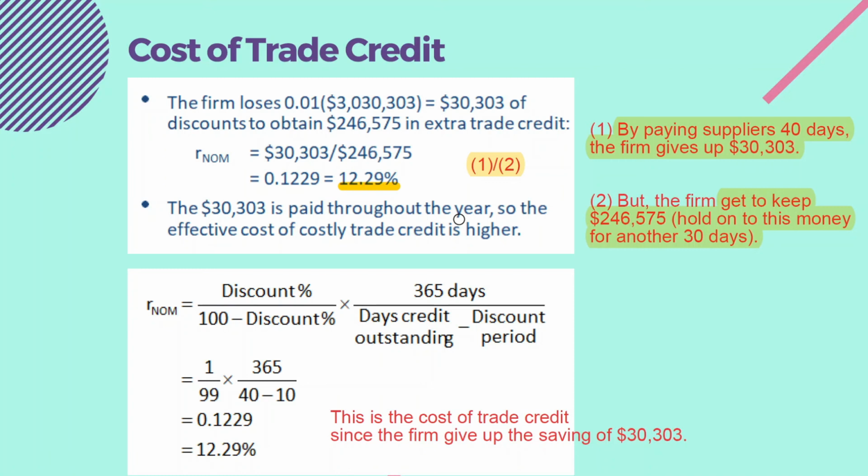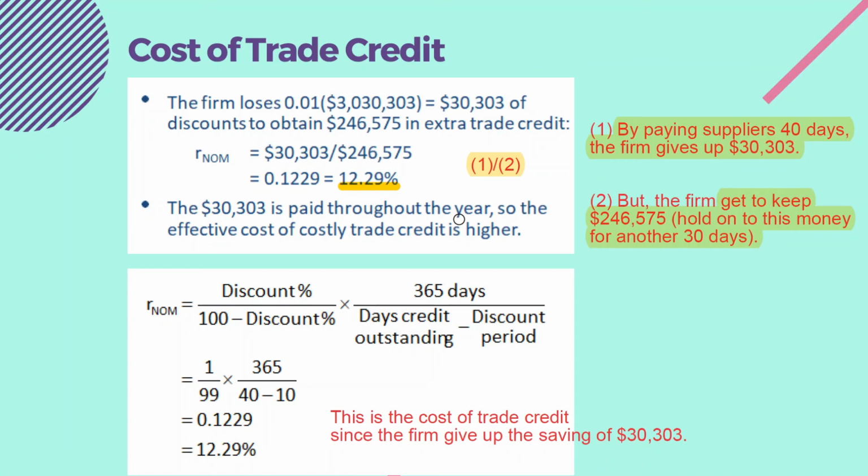By not taking the trade discount, or by not paying the suppliers within 10 days, the company gives up an opportunity for savings of $30,000, which represents 12.29%. So the cost of trade credit of 12.29% is greater than the cost of borrowing from a bank of 8%.